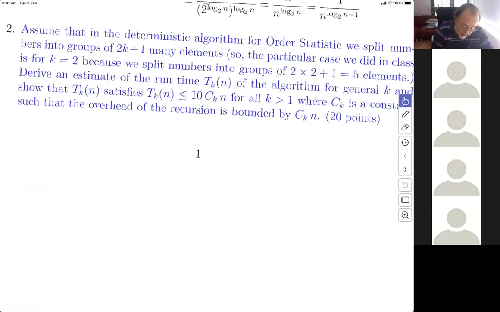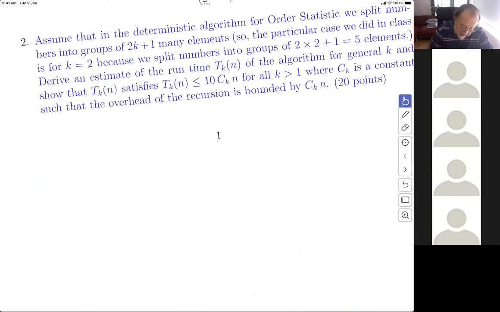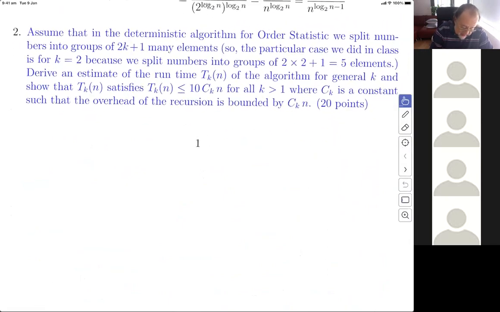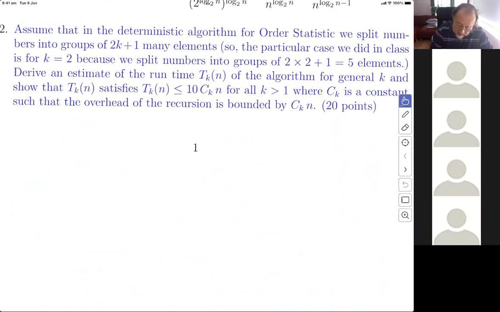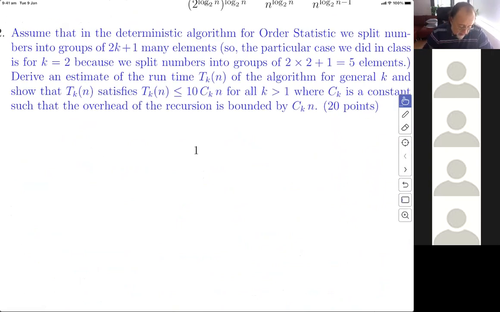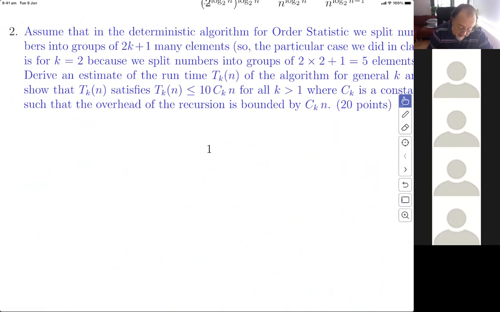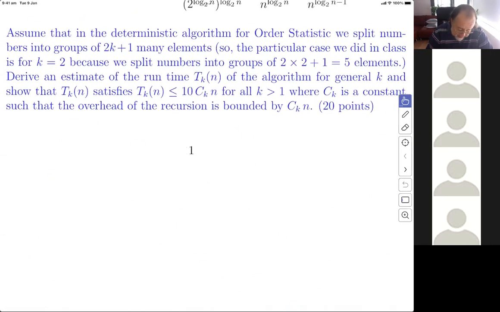The second problem is a bit trickier, right? And it's what we started to do last time. So it asks you, assume that in the deterministic algorithm for order statistics, right, that we split all the numbers into groups of 2k plus 1 many elements, right?